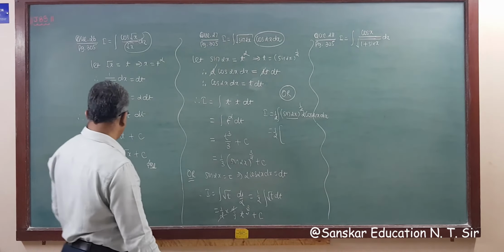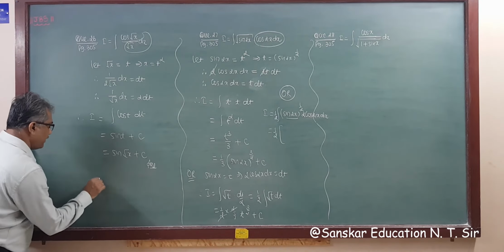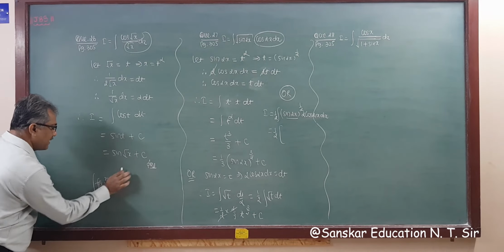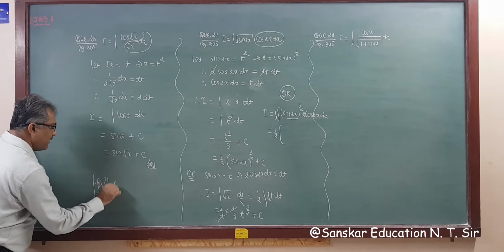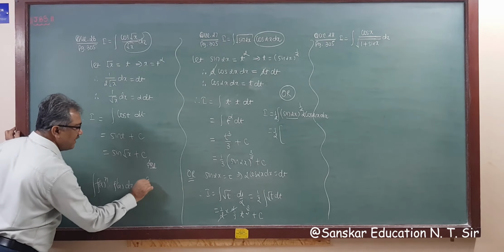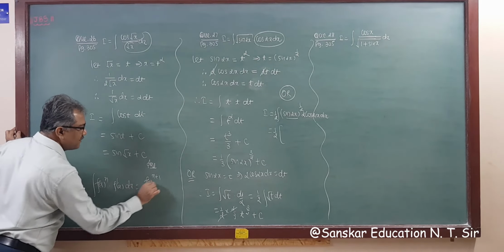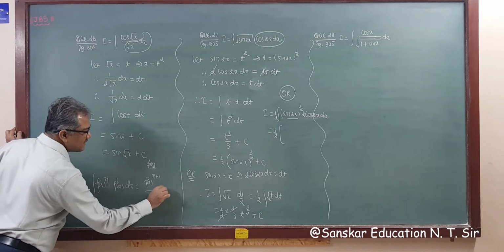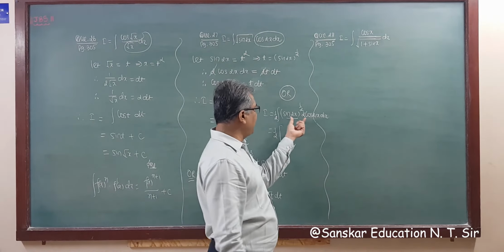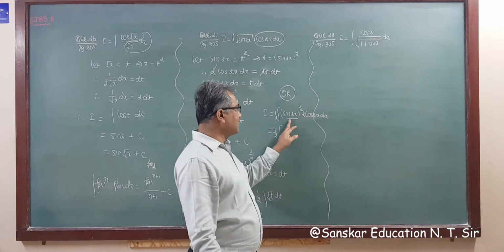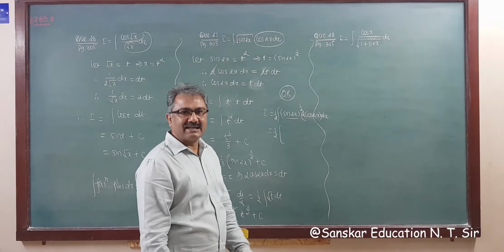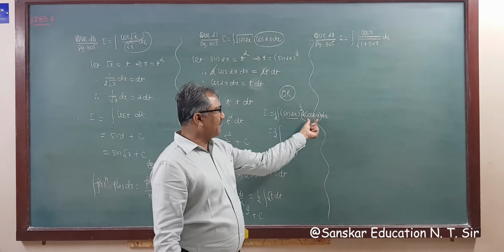You have one formula like this. Integration of f of x raised to n into f dash x dx, then the answer will be f of x raised to n plus 1 upon n plus 1 plus c. So function and derivative are combined together, adjacent. This is the function, this is the derivative. The function is sine twice x, so f x, f dash x.